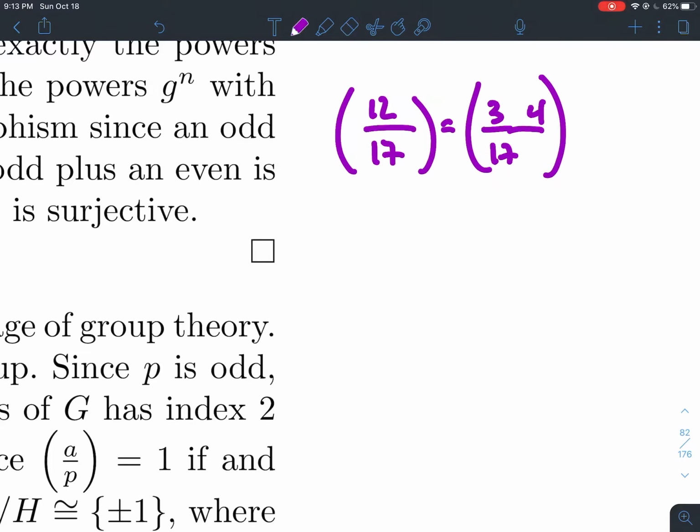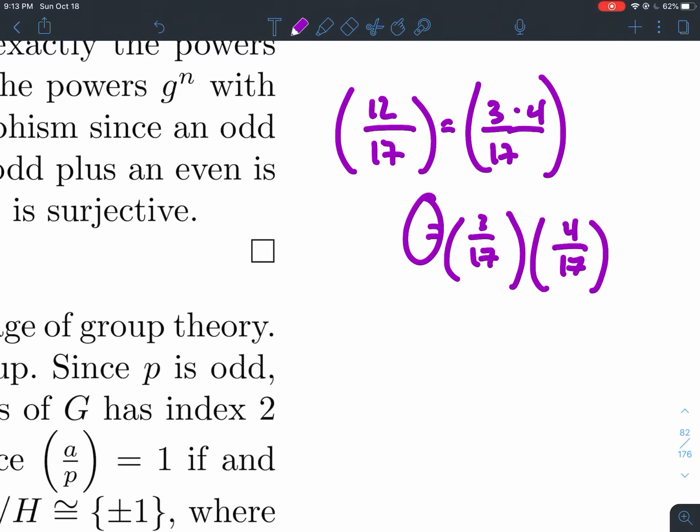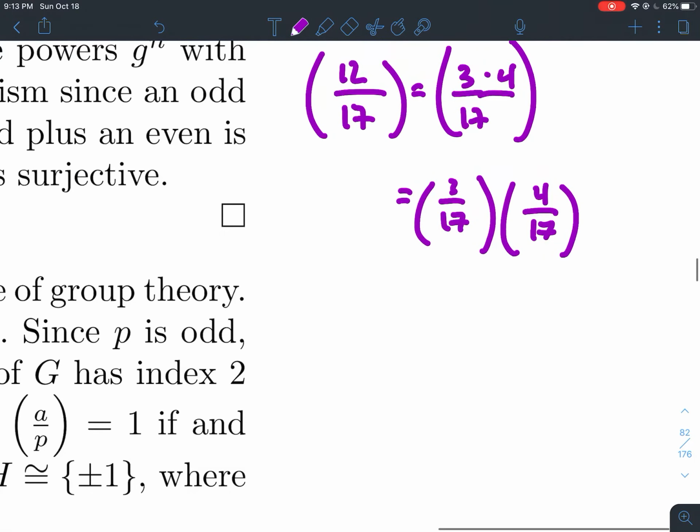Because we just proved that the Legendre symbol acts like a homomorphism, that means I can split this. The Legendre symbol of 3 times 4 over 17 has to be the same thing as the product of the Legendre symbol of 3 mod 17 and the Legendre symbol of 4 mod 17. That's that homomorphism property with this equality right here. Now I can even say more. I know that 4 is 2 squared.